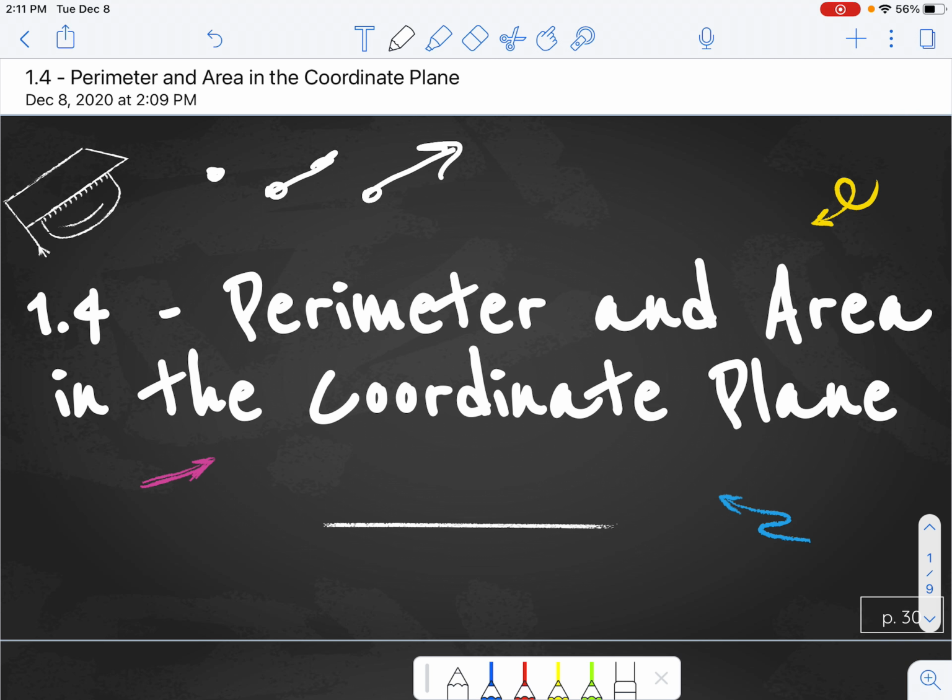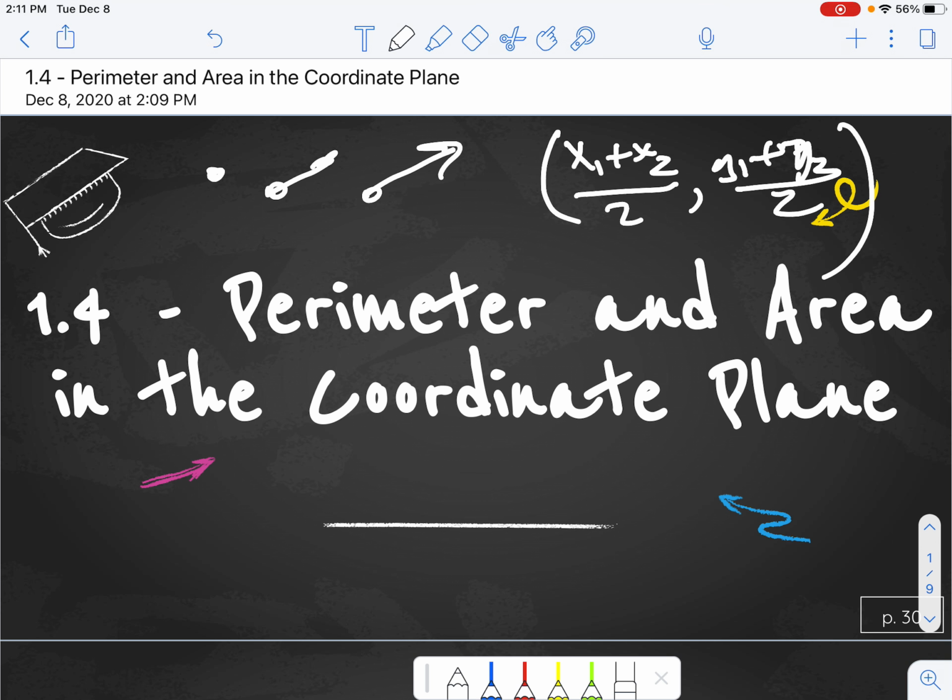But then we got into the midpoint formula and the distance formula, and you're like, hold up, this seems more like algebra than geometry. Well, don't worry. We're going to bring all of it together here in lesson 1.4.